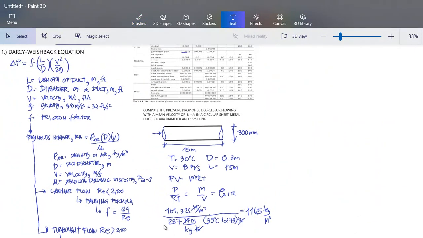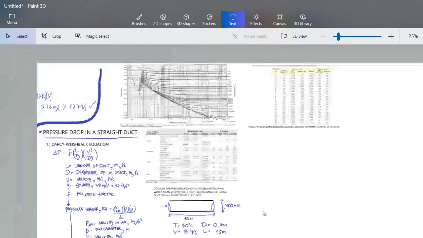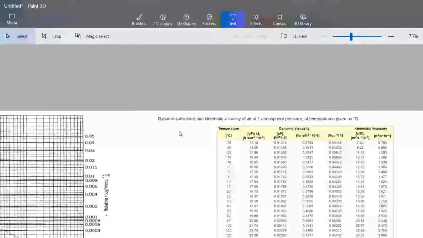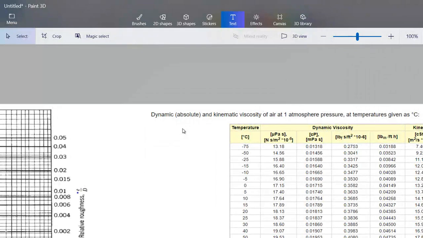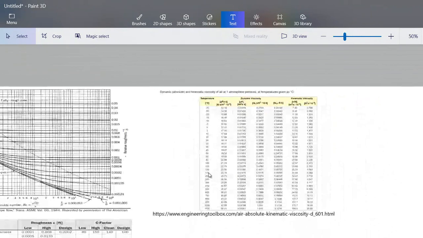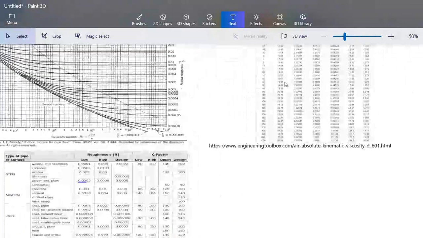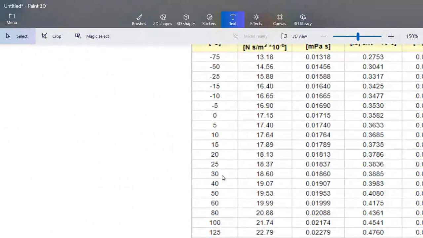So we have the given density now. Now let's look for the dynamic absolute viscosity of our air. The temperature is 30 degrees, so we fall in this line.